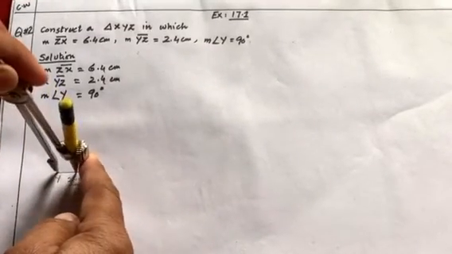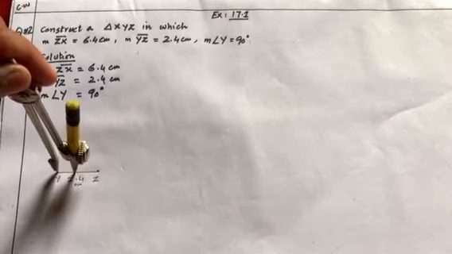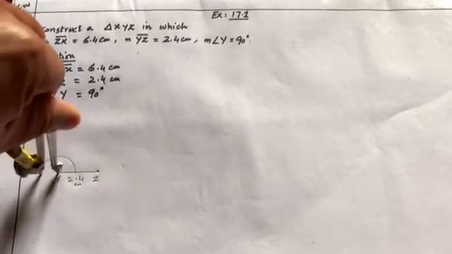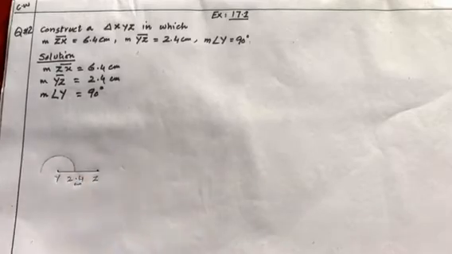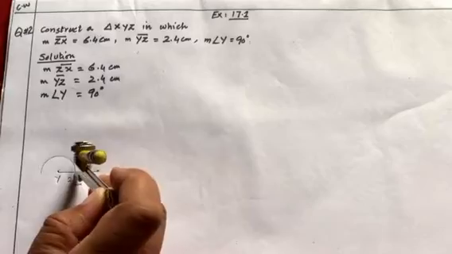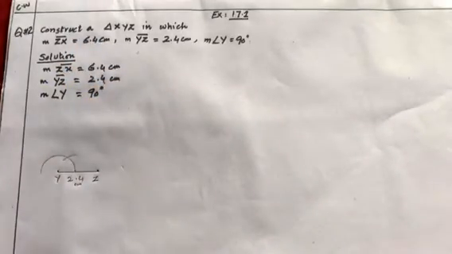So we will open our compass less than YZ, half of side YZ, and draw an arc which cuts YZ at this point. We will place the compass at this point, and with the same radius, we will draw the first arc of 60 degrees.